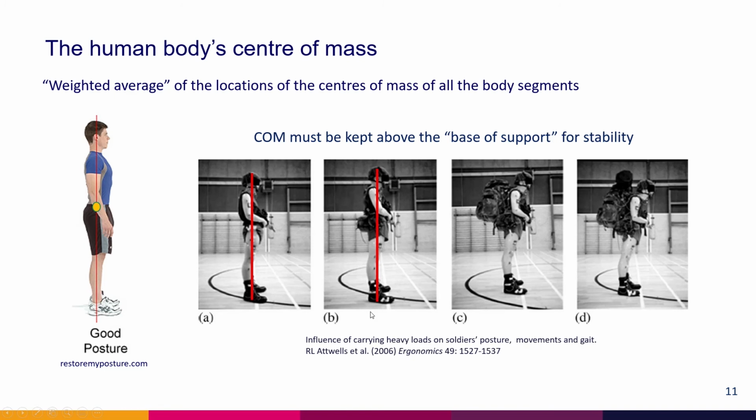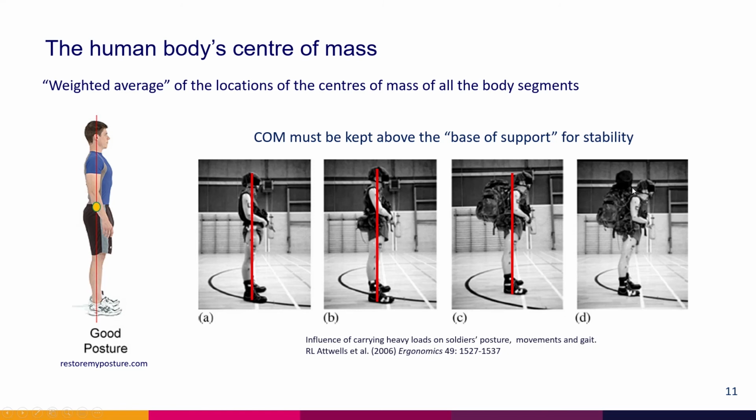But when a backpack is worn, you can see that he started to have to lean forward. So his head is moved forward of this line so that he can keep his center of mass above his base of support.